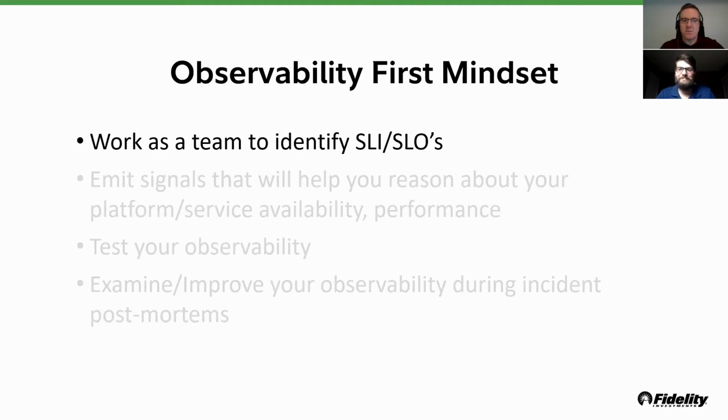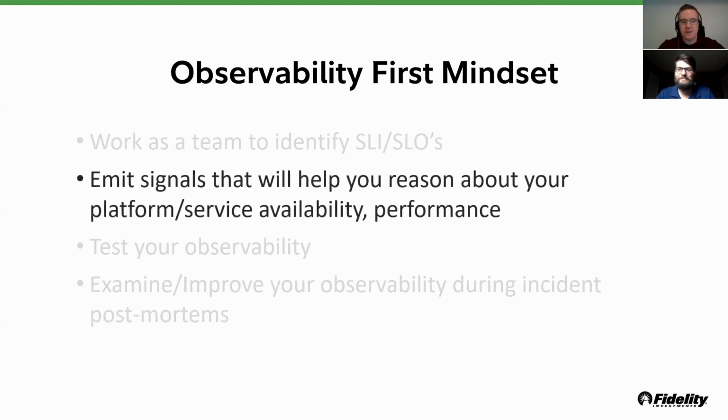I'm going to jump on to the next important aspect of this, which is that now that you've identified your SLIs, you need actual data in order to measure those. So that's where focusing on your applications, platforms and services, and identifying the key signals that you want to emit, will help you reason about your service availability, performance, and health.